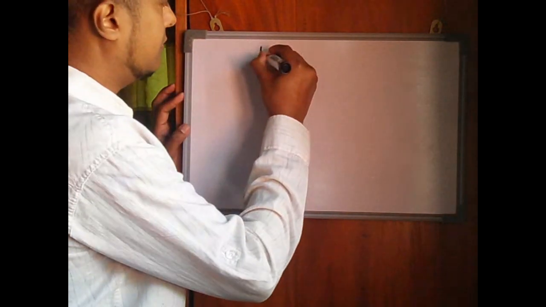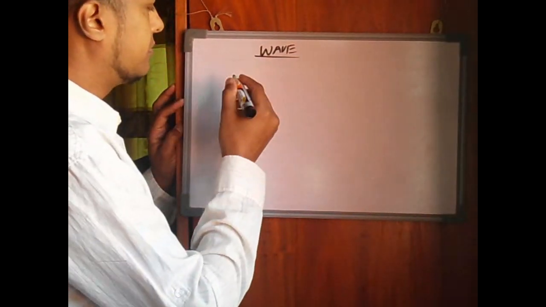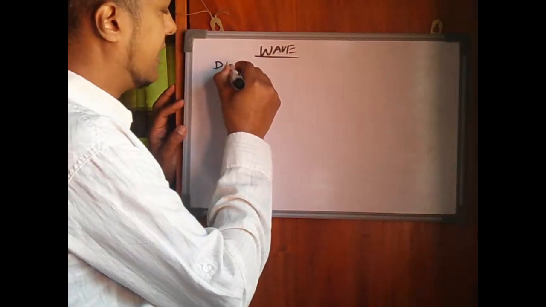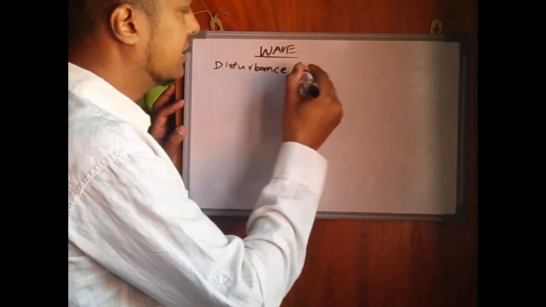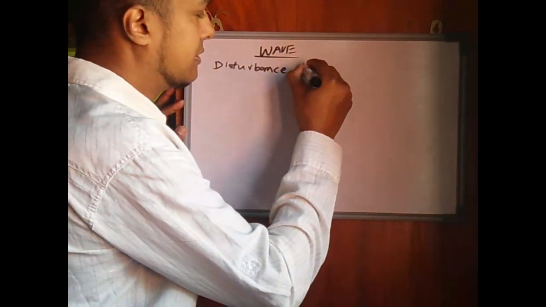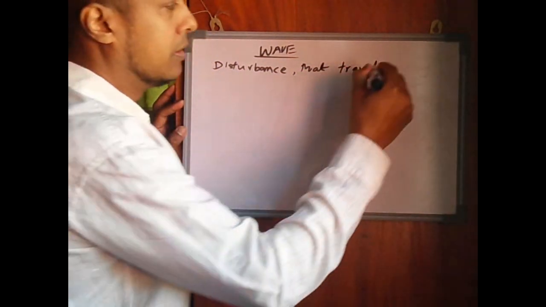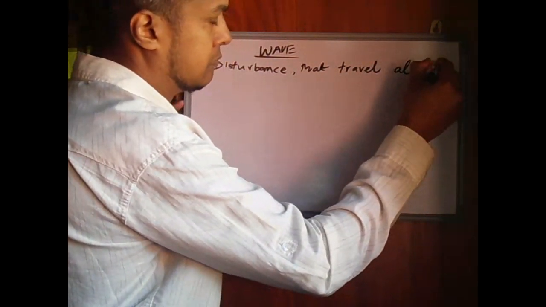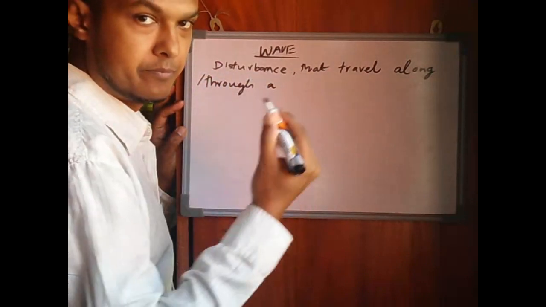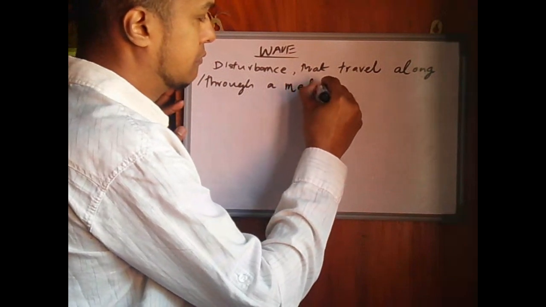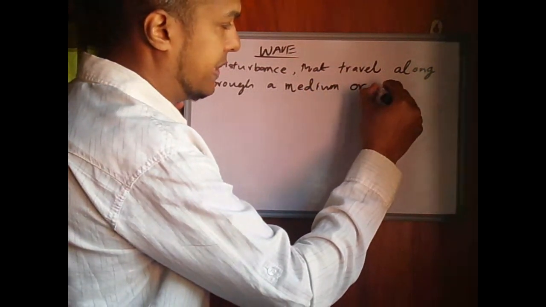Basically, first we need to find out what is a wave. A wave, basically we put it as a disturbance, or you can call it a fluctuation, a disturbance that travels along or through a medium or a space.